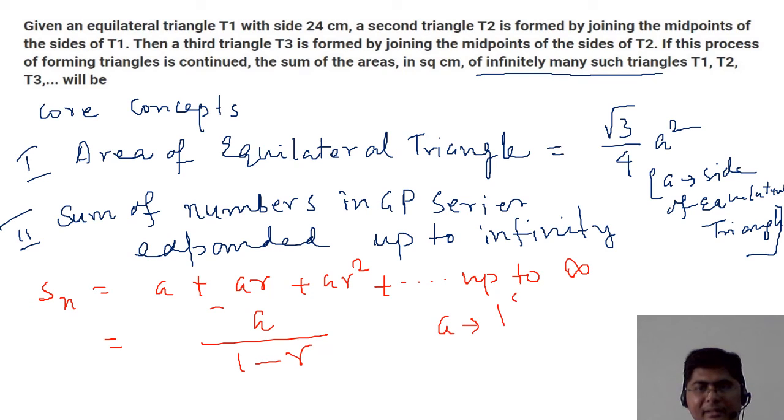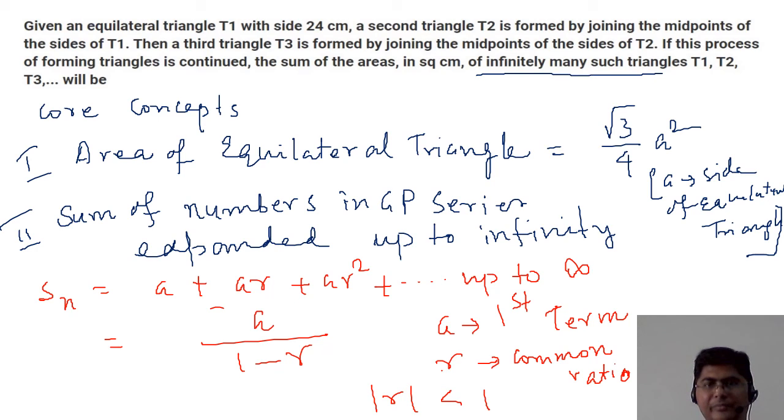A is the first term and R is the common ratio. Another condition is important: mod R should be less than 1. Then this formula holds. Otherwise, it will not be possible to derive this formula, right? Okay.